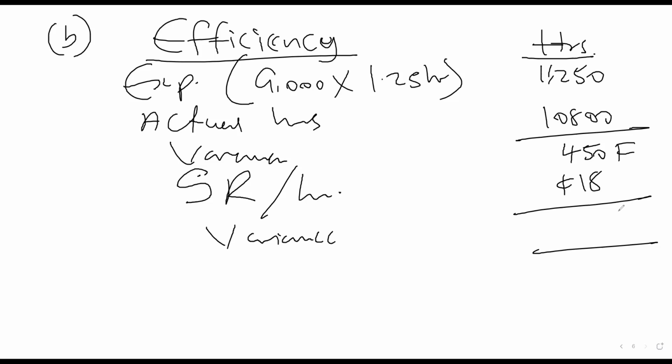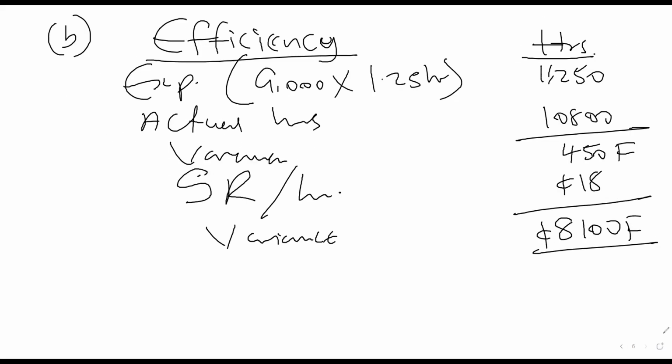So 450 by 18 gives 8,100 favorable. Good. The last one, then we are done.